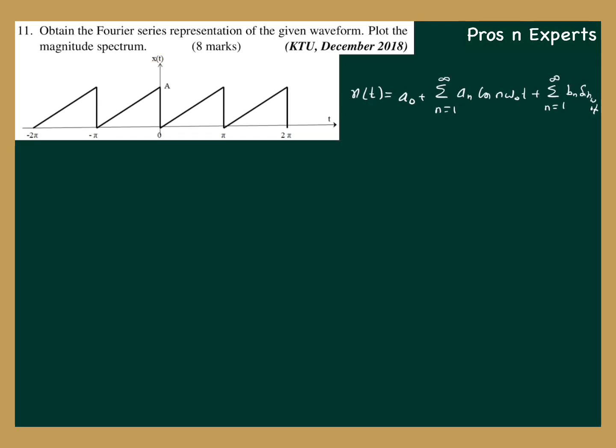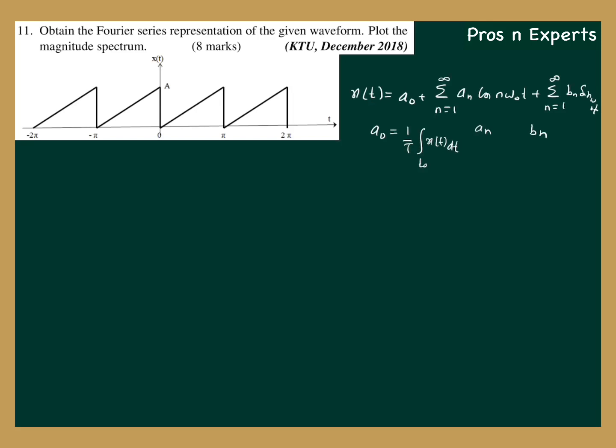And what students do is find a0 first, then an, then bn, and substitute in this equation, right? When students do this, there are many integrals. A0 is simple to find. A0 is 1 by time period integral over the time period x of t dt. You will get a0 very simply.